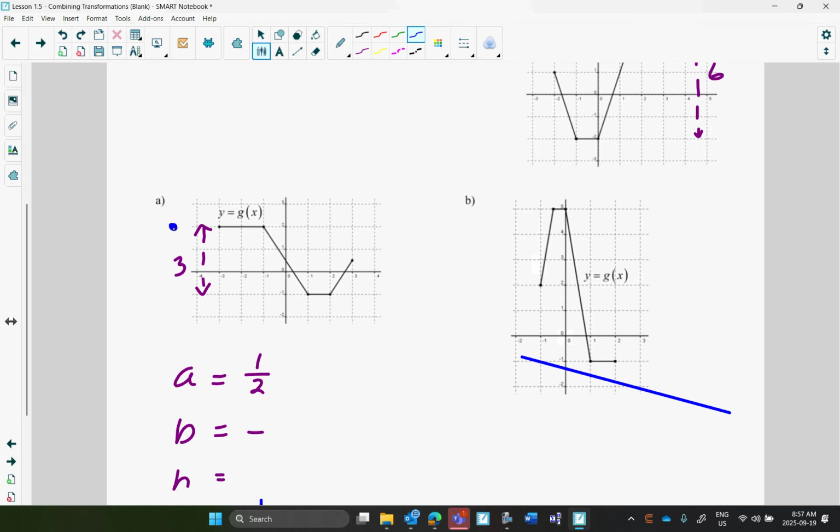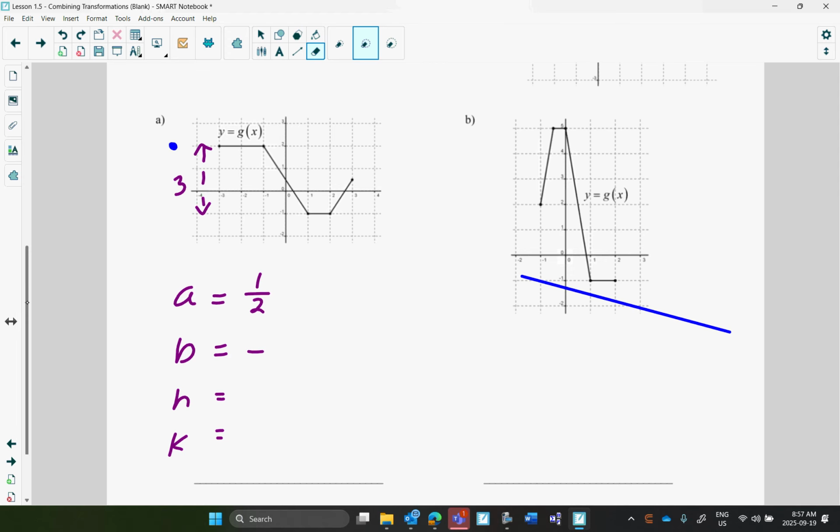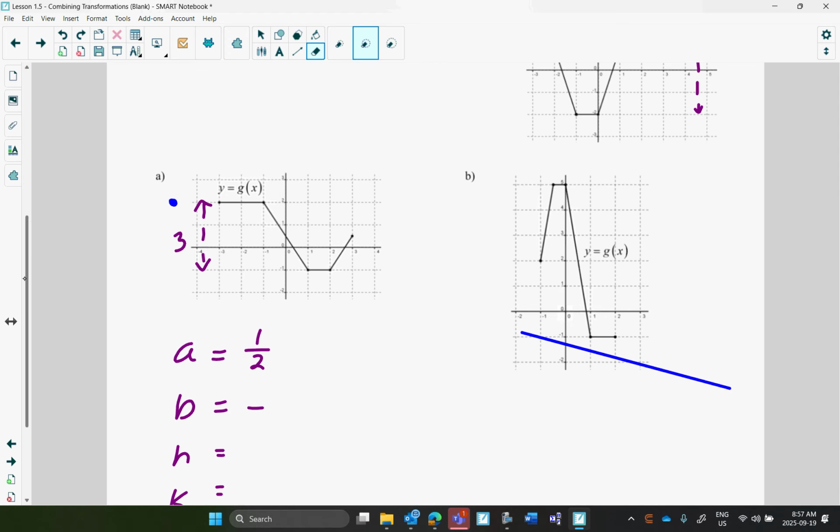Okay, so we're here. Okay, so I'm here. How do I get to here? H is greater than 2. Yeah, H is, sorry, -2. Aren't I moving to the right? So H is +2.